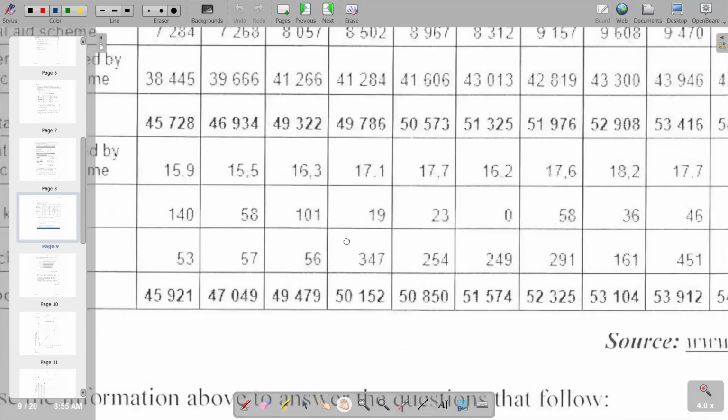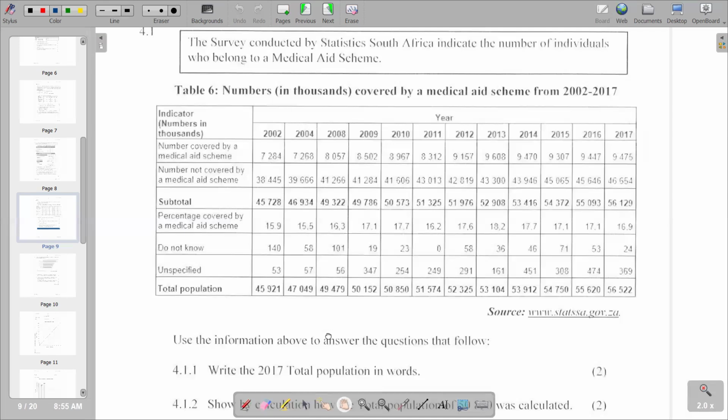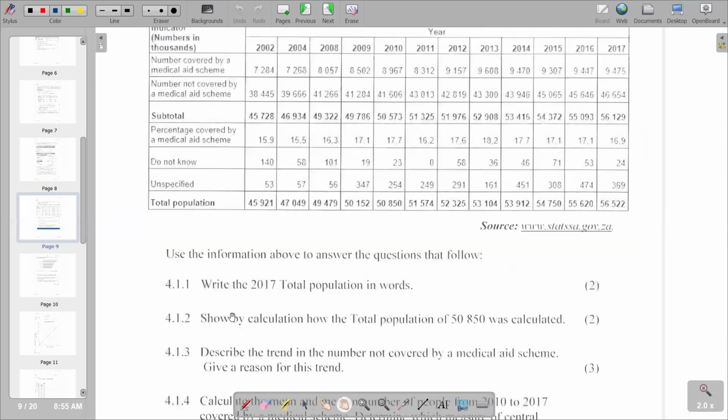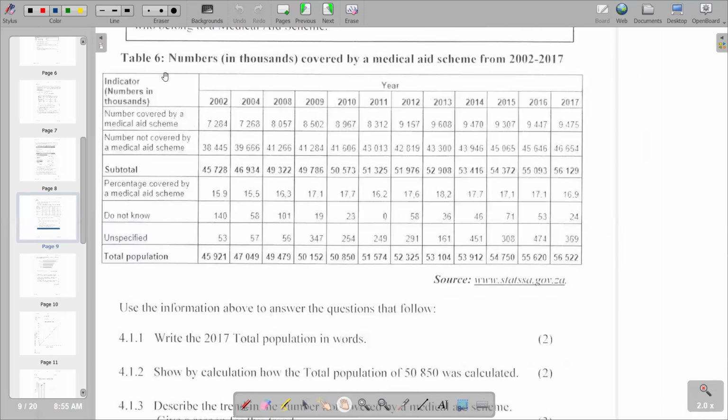So beneath that it reads, use the information above to answer the questions that follow. 4.1.1 write the 2017 total population in words. So 2017, you see that we have 2017 here, and the figure that we are given for total population for 2017 is 56,522.